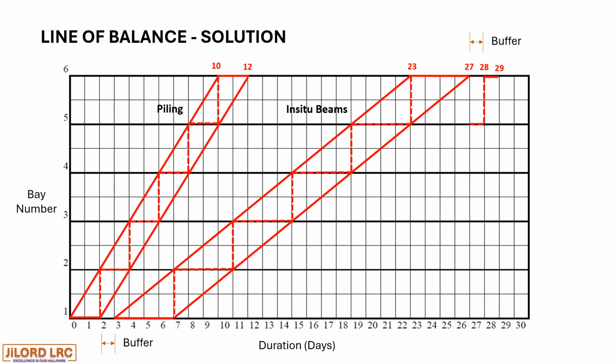So bay 5 would then be installed between day 27 and day 28, and bay 4 decking will be done between day 26 and 27. Bay 3 will be done between day 26 and day 25.